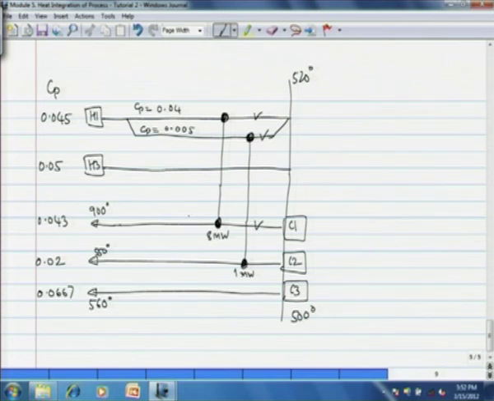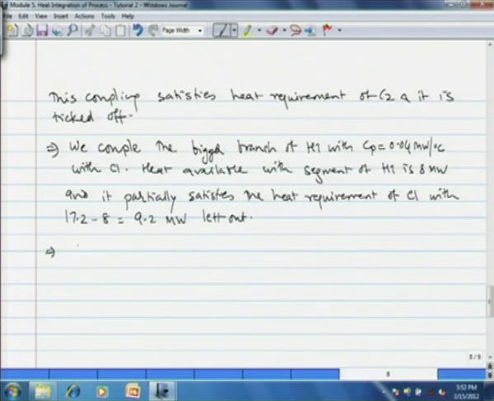Okay. So, what we do now is we determine the temperature of the stream that is emerging from this 8 megawatt exchanger, the exit temperature of C1 from heat exchanger of 8 megawatt.